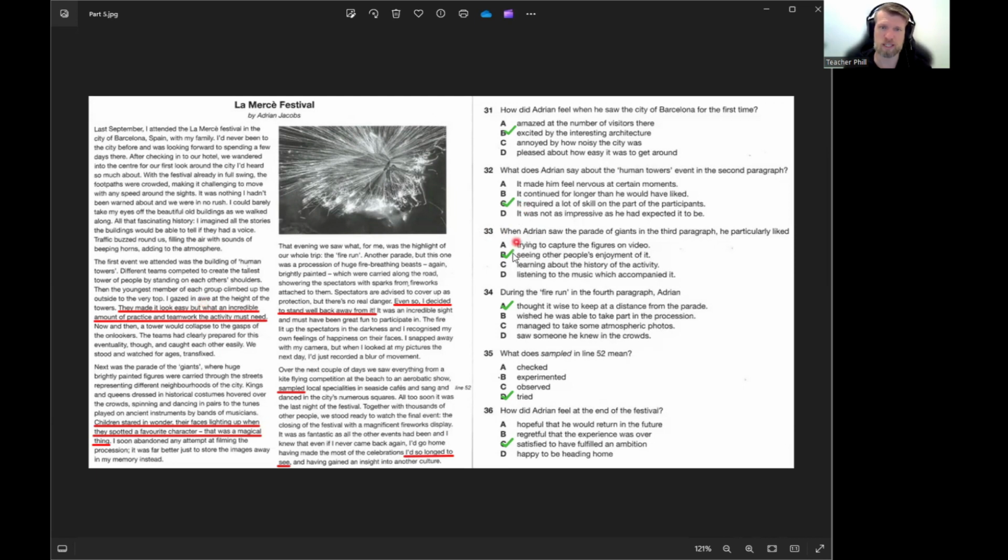In 33, I chose option B. He liked about the Parade of the Giants seeing other people's enjoyment. So here he describes the children, how they were fascinated by it as a magical thing. So I think that was the strongest indicator here for me to choose this.